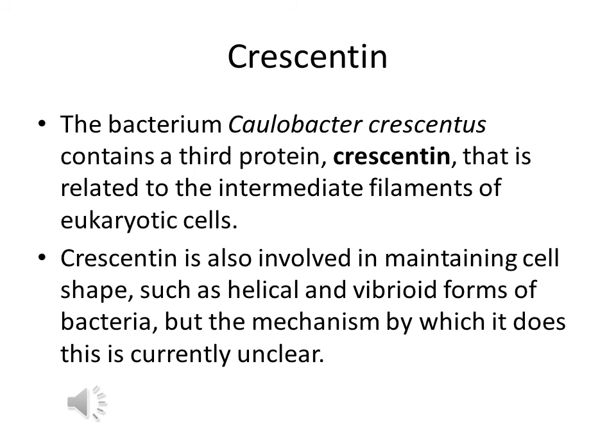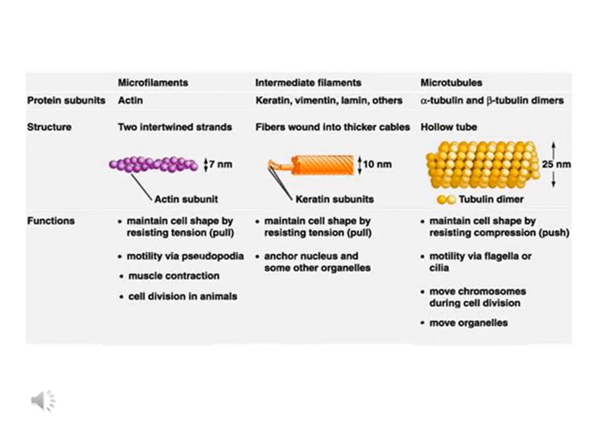Crescentin is also involved in maintaining the cell shape, such as the helical or vibrio form of the bacteria. But the mechanism by which it forms or maintains a cell shape is currently unclear. So it connects us with the prokaryotes.